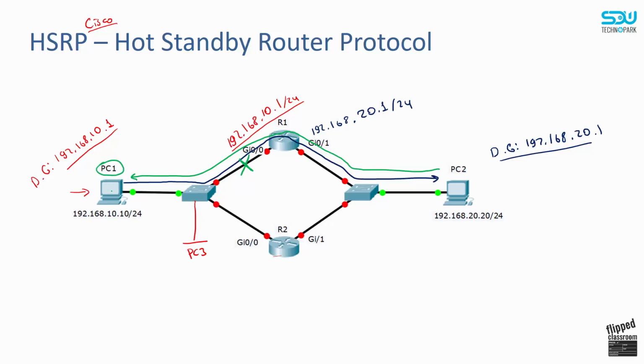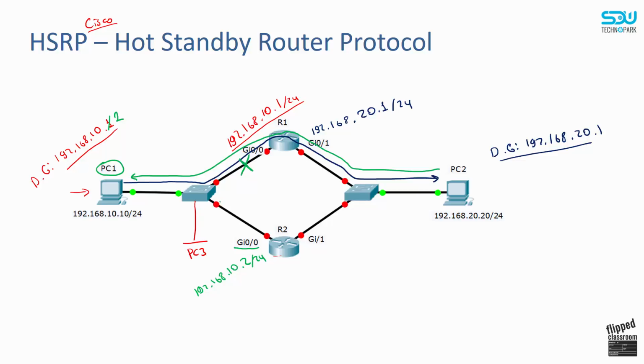We can provide PC1 with the default gateway as the interface of router 2 gigabit 0/0, with for example the IP address 192.168.10.2 with prefix 24. So to use the services, we have to change our configuration so that the default gateway will be 2.